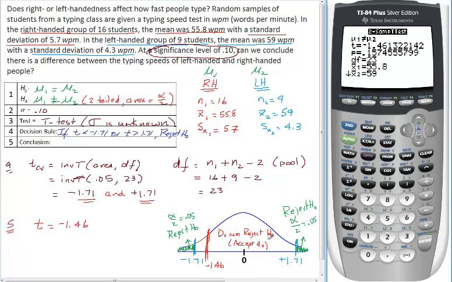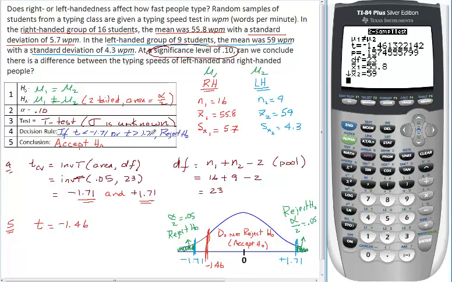Technically, I suppose do not reject the null hypothesis is safer wording because there may be a type 1 or type 2 error. So now, therefore, our conclusion is accept the null hypothesis. I'll use the word accept.